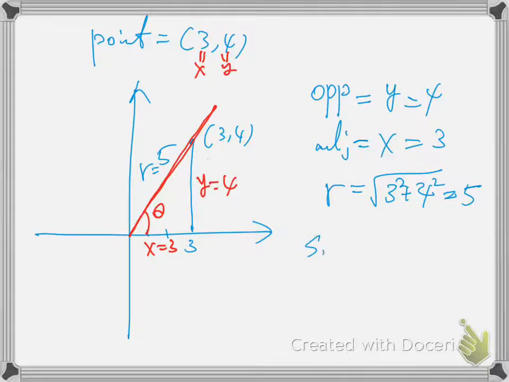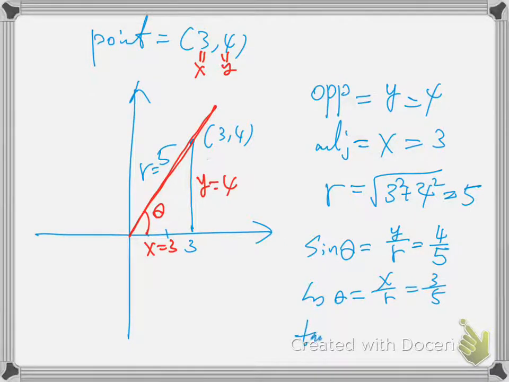So now sine theta will be y over r, so this is 4 over 5. Cosine theta is x over r, so this is 3 over 5. And tangent is y over x, so this is 4 over 3.